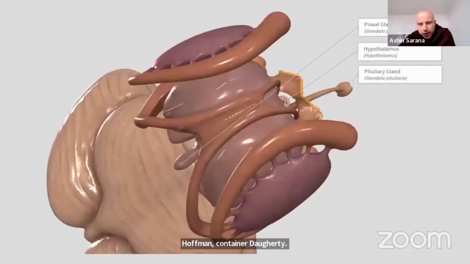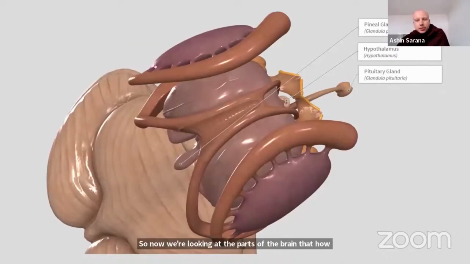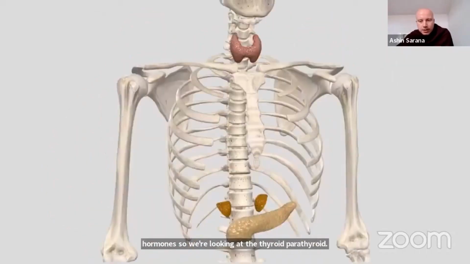So now we are looking at the parts of the brain that help produce hormones, because we are looking at the endocrine system, which is the system of producing hormones. So we are looking at the thyroid, parathyroid, the adrenal glands, the pancreas.